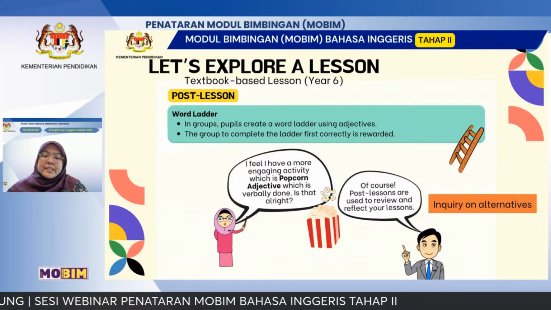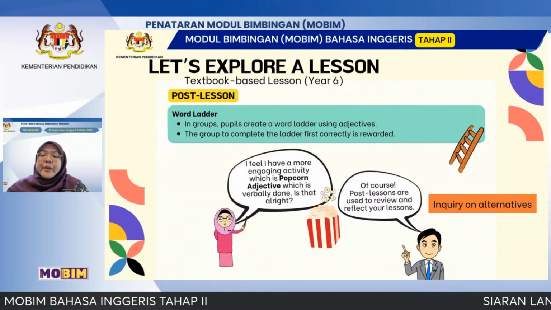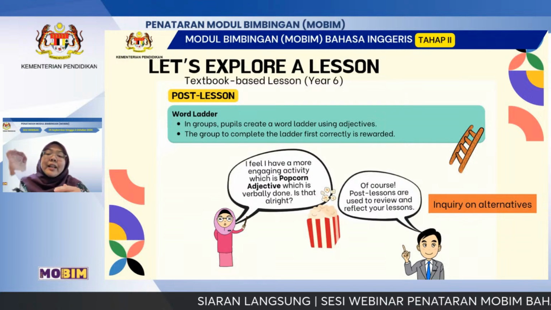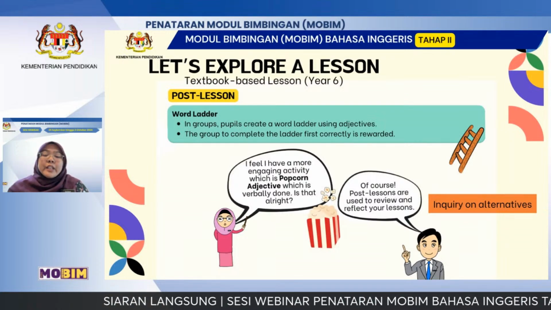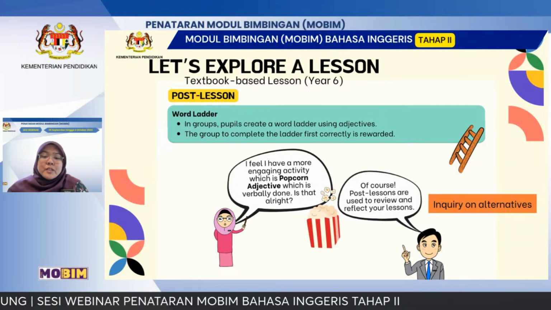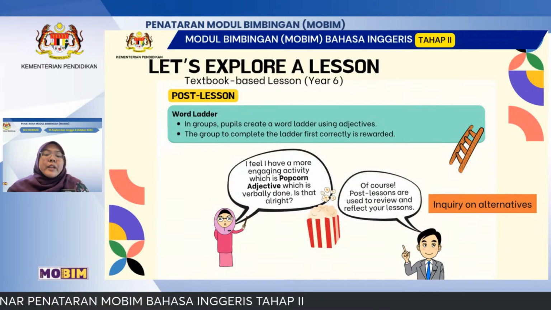Okay, for instance, it's suggested here that groups of pupils create a word ladder. So they take turns writing words to fill up the spaces between ladder rungs, and they try to do so the fastest. And it makes sense. It's a writing post-lesson activity fit for a writing lesson.